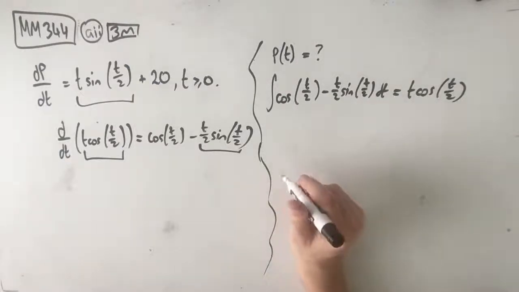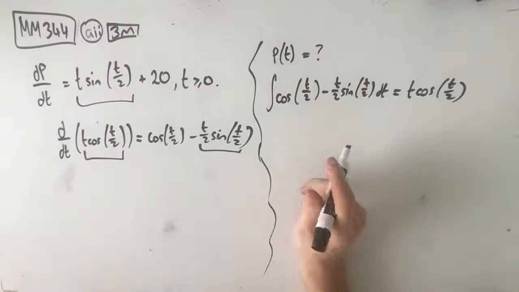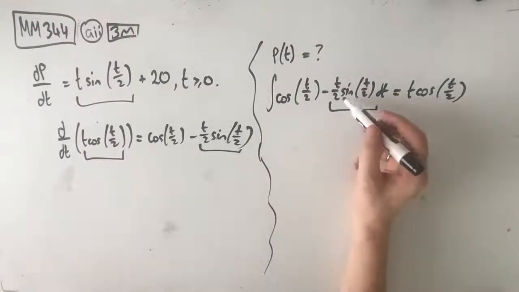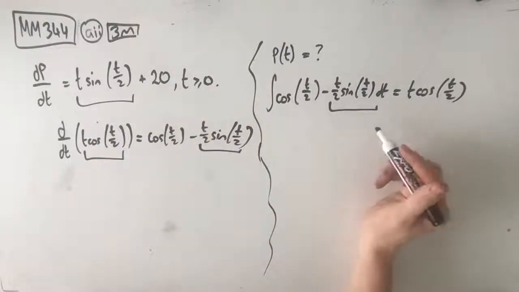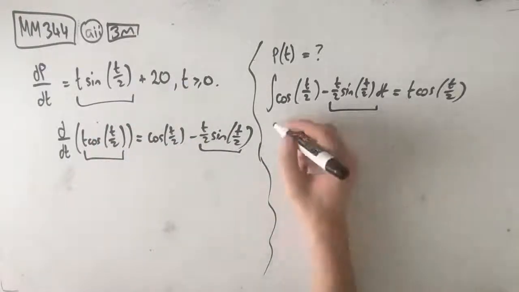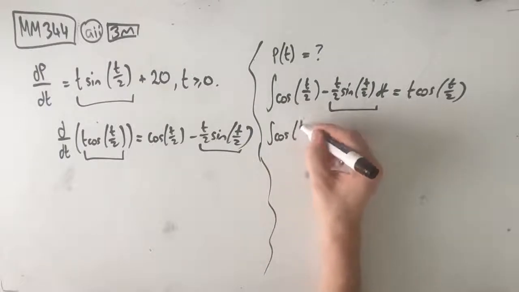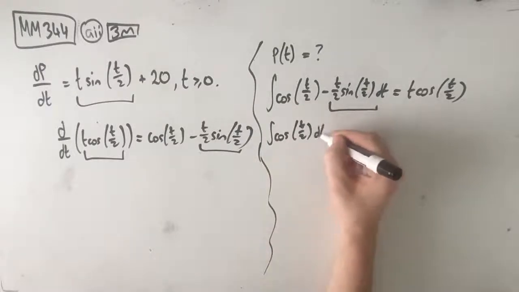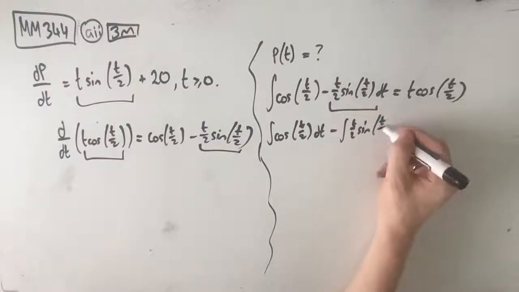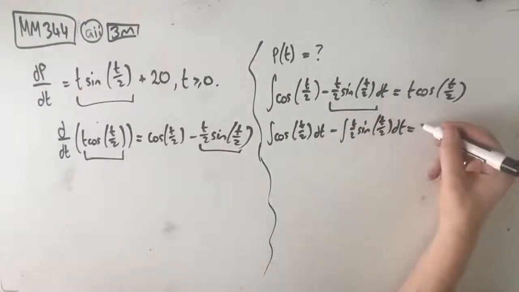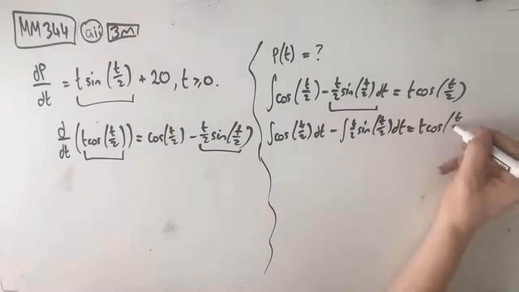Awesome. Now, from here, we want to get the t sine t on 2 by itself, right? Because that's the function that we're looking for. So what we're actually going to do is separate these out. So we get the integral of cos t on 2 dt minus the integral of t on 2 sine t on 2 dt equals t cos of t on 2.